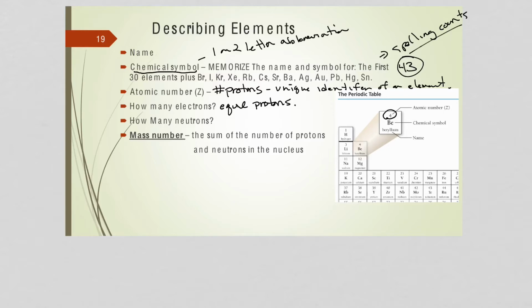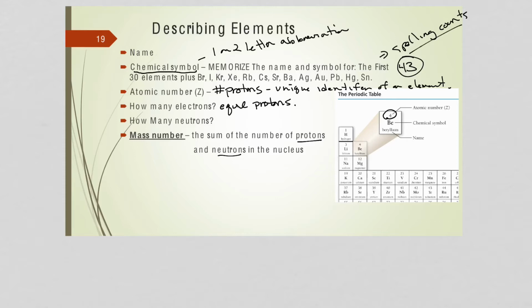Well, these are a little trickier. We need to have a little bit more information about the atom here. We know that there are a certain number of neutrons in the nucleus. And the way that we are able to identify that is by knowing what's called the mass number. The mass number is simply the sum of the protons and the neutrons in the nucleus, or tells me the number of particles in the nucleus.